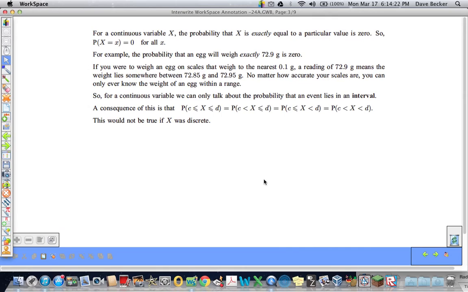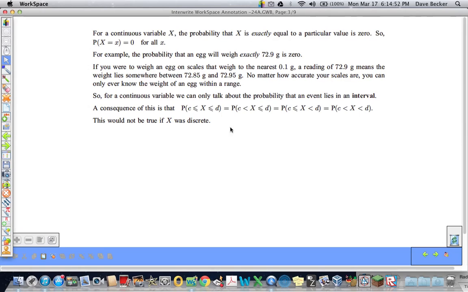Temperature rising or decreasing, like going from 25 degrees Celsius down to 15 degrees Celsius, you hit all the temperatures in between. Okay, so for a continuous variable x, the probability that x is exactly equal to a particular value is 0. What that means is it's not possible to calculate. Okay, that seems a little weird.